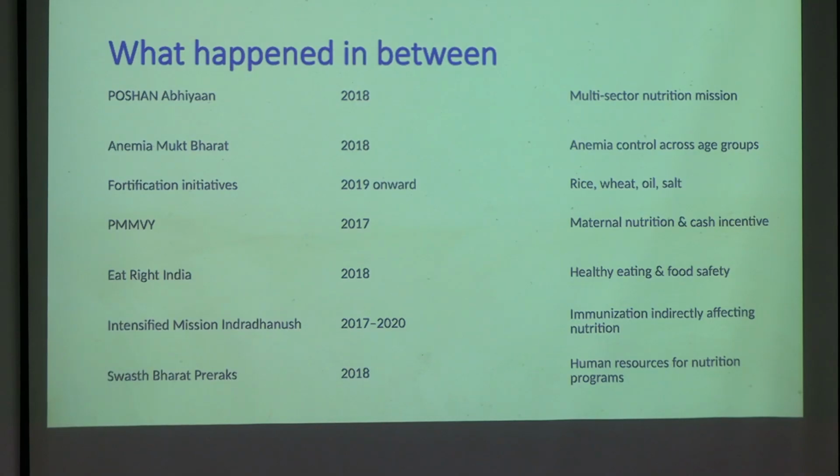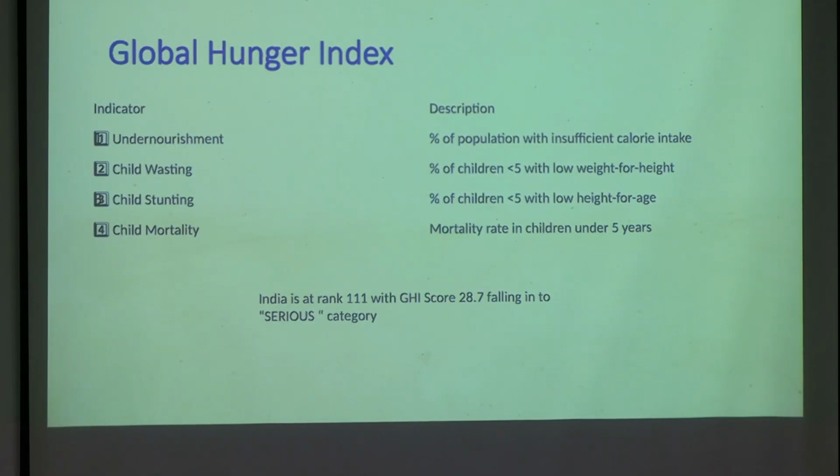And we had so many national programs, Pradhan Mantri Matru Vandana Yojana, Poshan Yojana, Anemia Mukt Bharat, this and that. But improvement is very little. Because in the Global Hunger Index, भूखे लोगों में हमारा रैंक 111 है. ठीक है, तो हम बहुत पीछे हैं. We have a lot of problems.